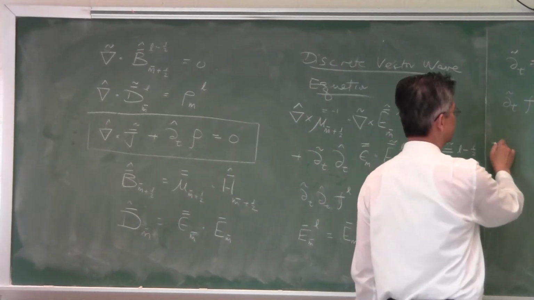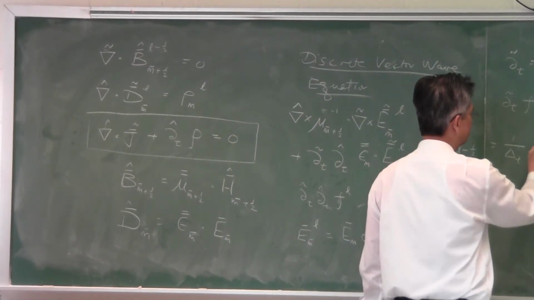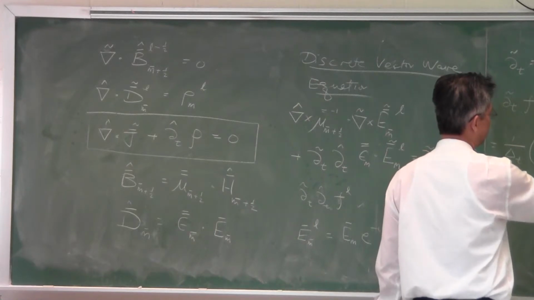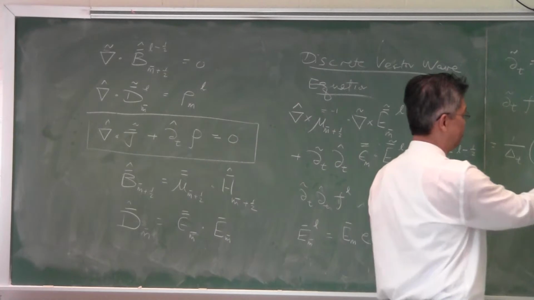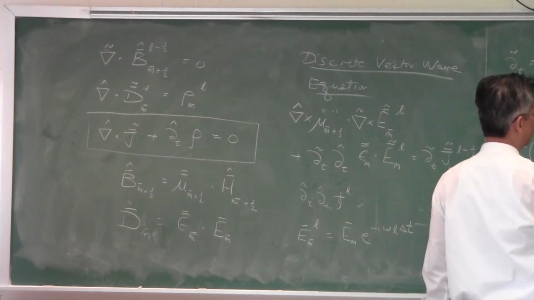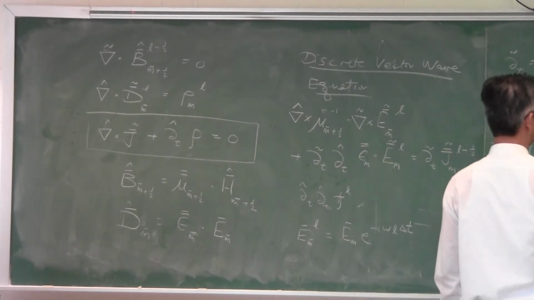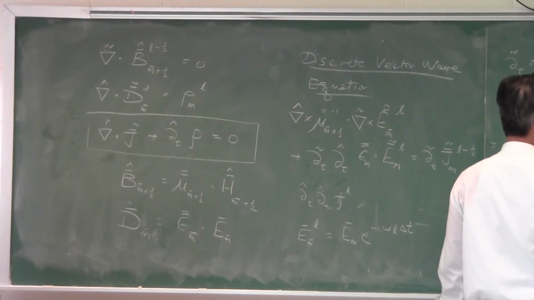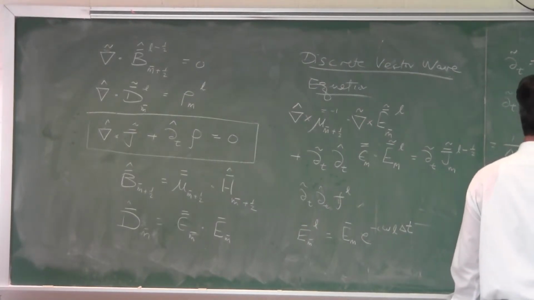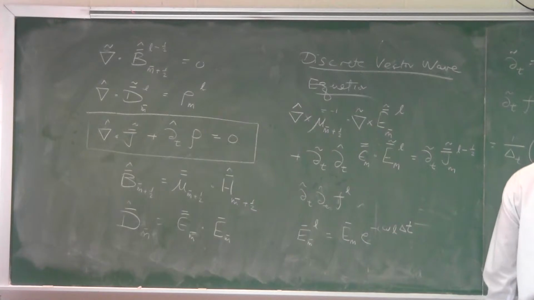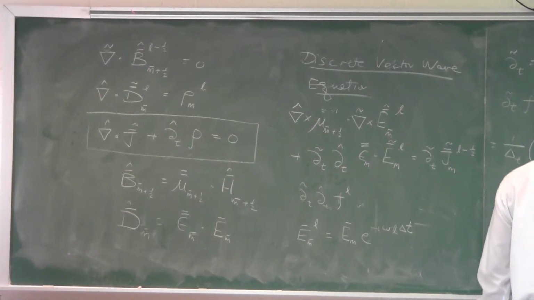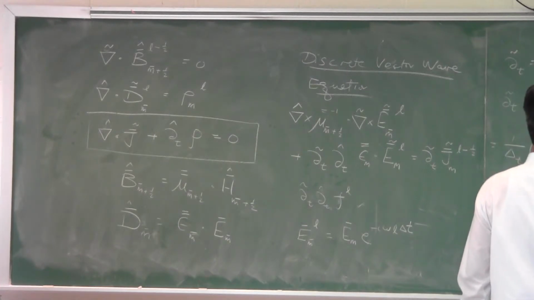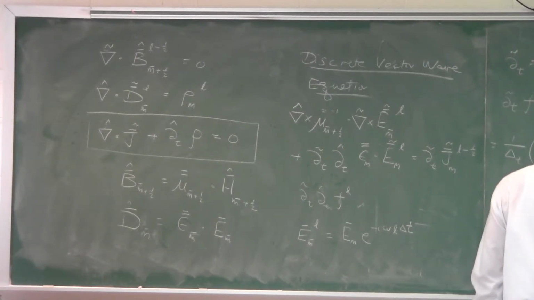Then by definition, this is equal to 1 over delta t times f of L plus 1 minus f of L. Okay, and if you plug in f of L plus 1 into here, you get 1 over delta t times f of 0 e to the minus i omega L plus 1 delta t minus f of 0 e to the minus i omega L delta t.